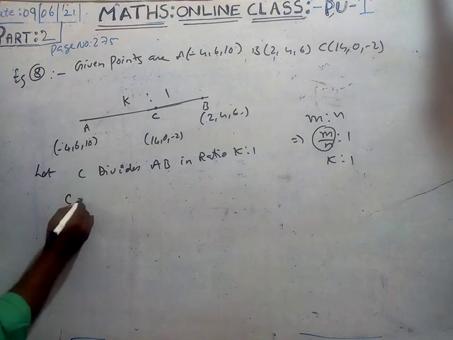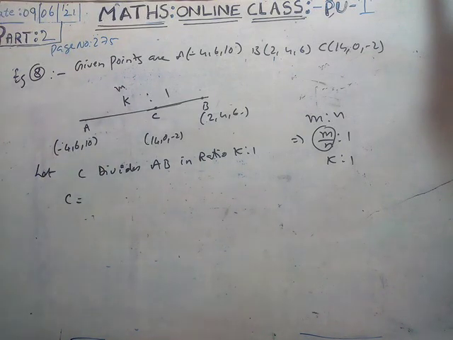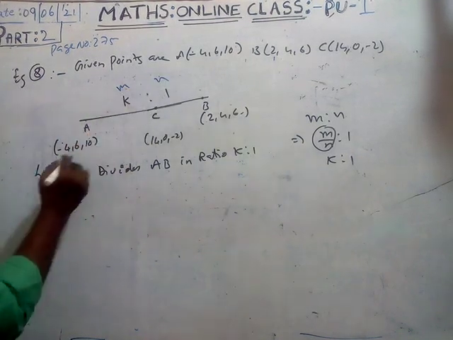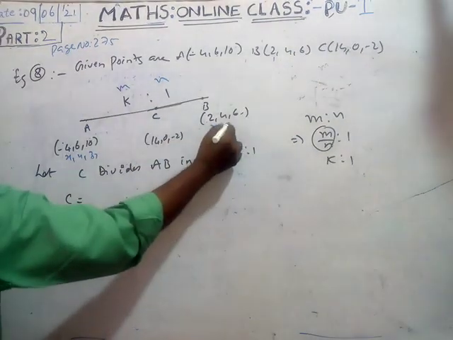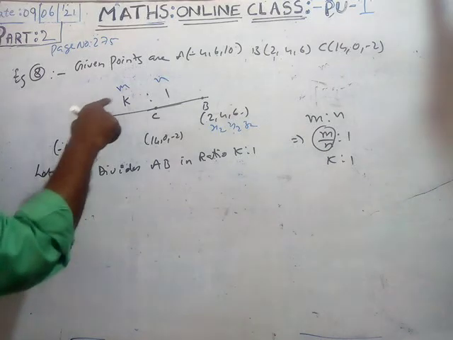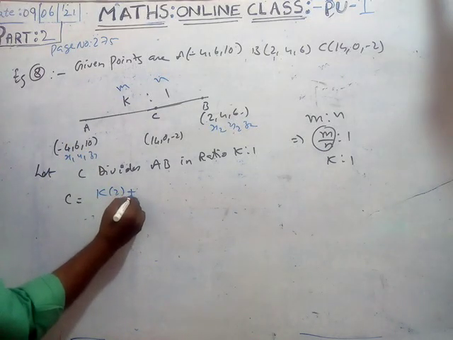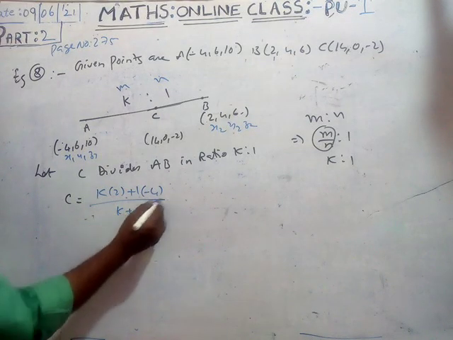That C is equal to, by formula this is M, this is N. It is X1, Y1, Z1. It is X2, Y2, Z2, na. Mx2 plus nx1 means K into 2 plus 1 into minus 4 by K plus 1.